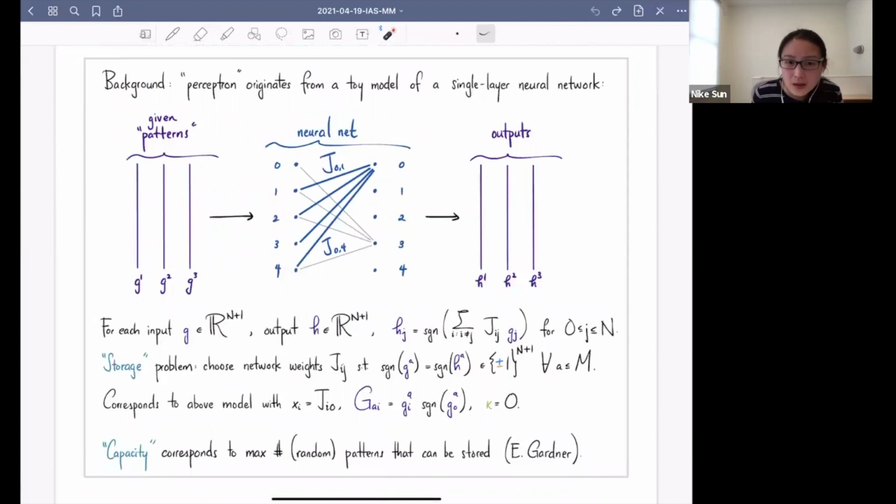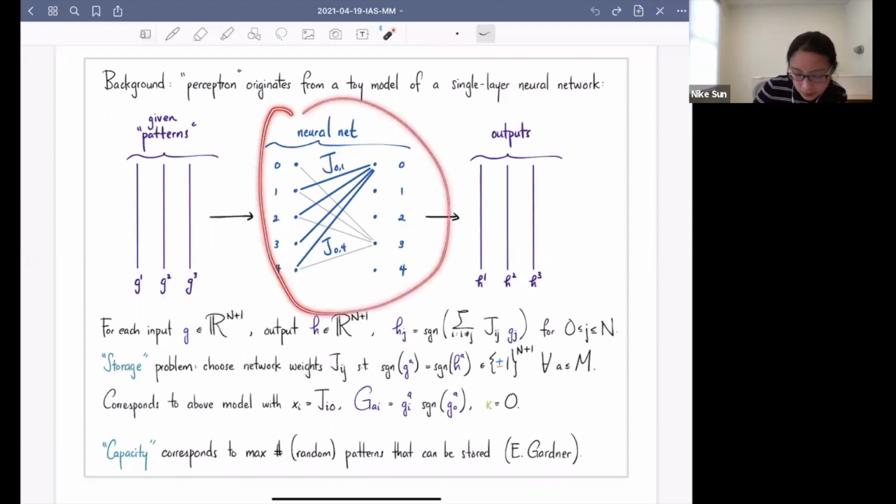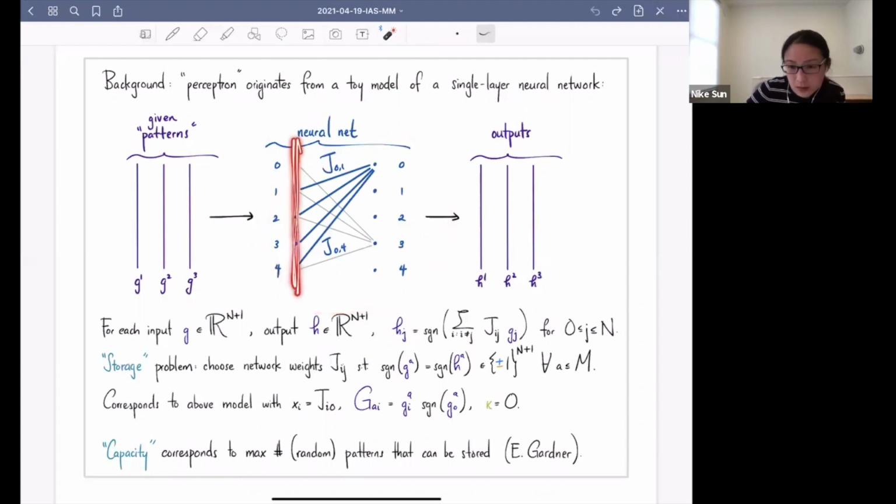So the reason people started studying this model is that they had this sort of toy problem about a neural network. You can decide if you like this problem better than the other problem, but this problem is that you have this neural network. These are the inputs.